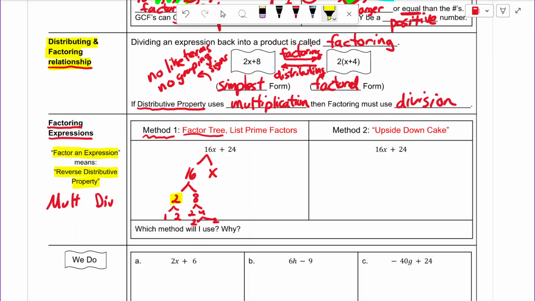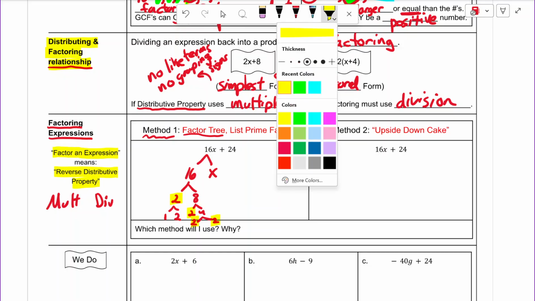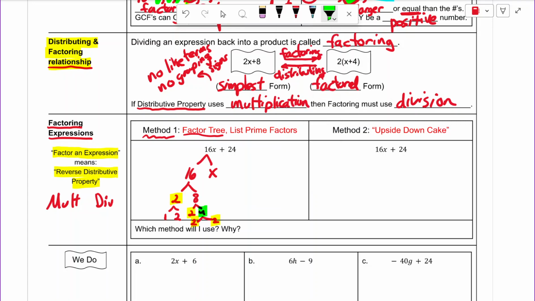And then we have a prime here, a prime here, and a prime here. We do not want to do these composites. We don't want these. We want the prime numbers when you get down to the very nitty-gritty of the number. So we have that. And now we're going to do the prime factorization, or the factor tree of 24.